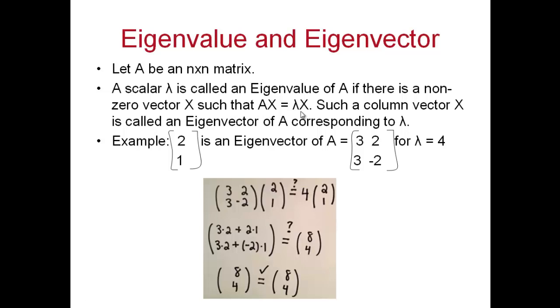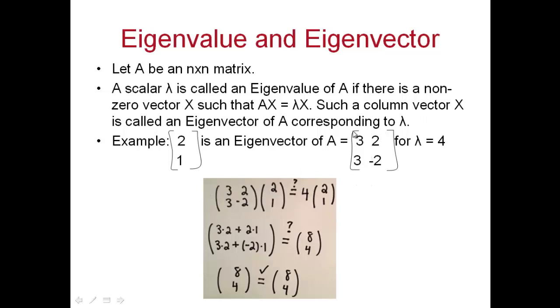So if we can find such a lambda and x, then we can call the column vector x the eigenvector of the matrix A corresponding to the scalar value, which is called the eigenvalue, lambda. What do all these things mean?